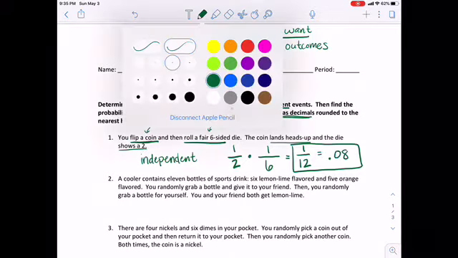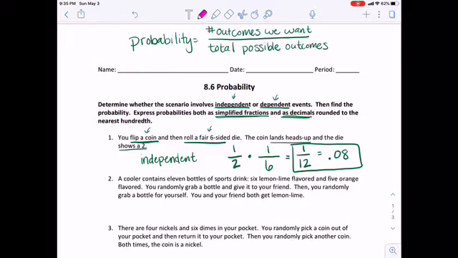Here on problem 2, a cooler contains 11 bottles of a sports drink, 6 lemon lime and 5 orange flavors. You randomly grab a bottle to give to your friend, then you randomly grab a bottle for yourself. You and your friend both get lemon lime. First I need to decide, is this an independent or dependent event?